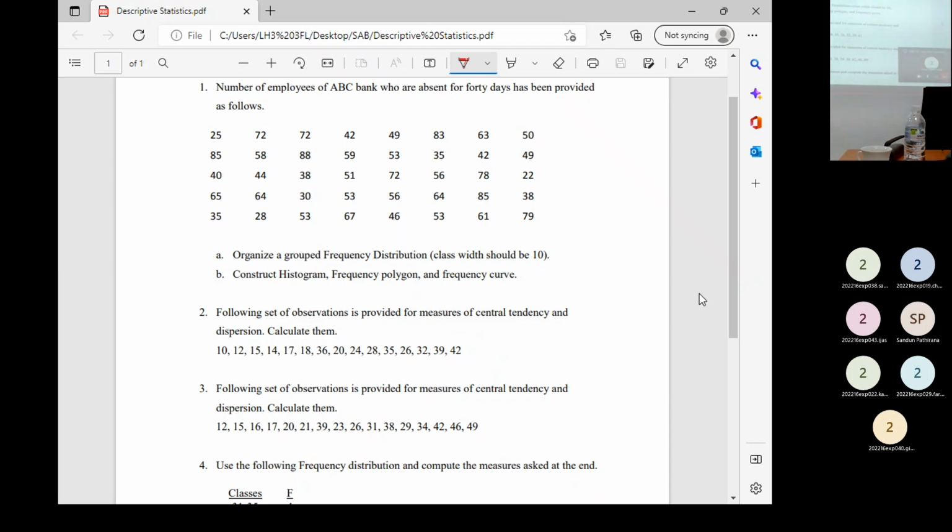First one, can identify minimum and maximum value quickly.